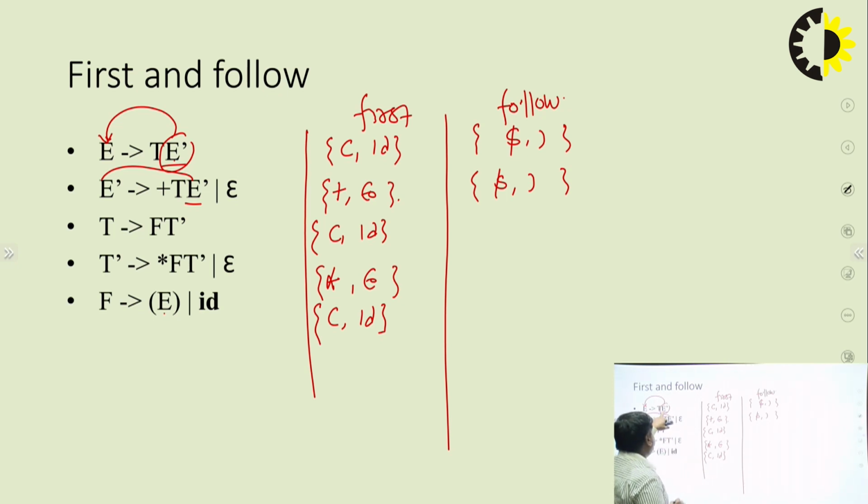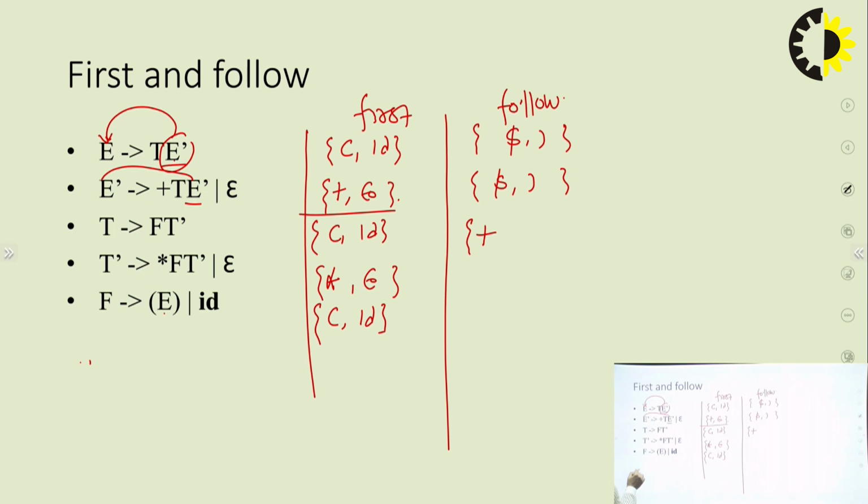The follow of T is known as the first of E dash. Similarly, what is the follow of T? The first of E dash. Now the first of E dash, here we computed plus and epsilon. So now plus we put here, then the follow of T is equal to plus.